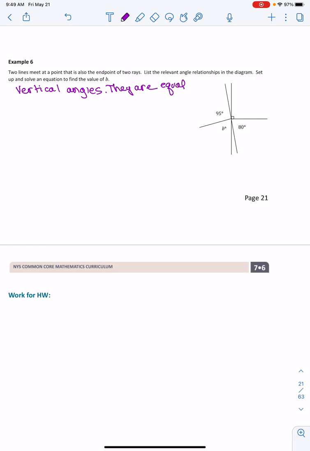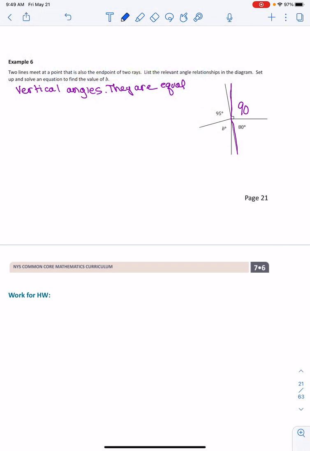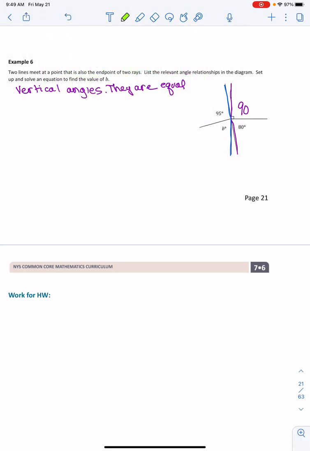And how I know that is I have this right here, and this is 90 degrees right here. And I also have this right here. Because remember, nothing is here and nothing is here. So these are vertical angles. So I can set them equal to one another.